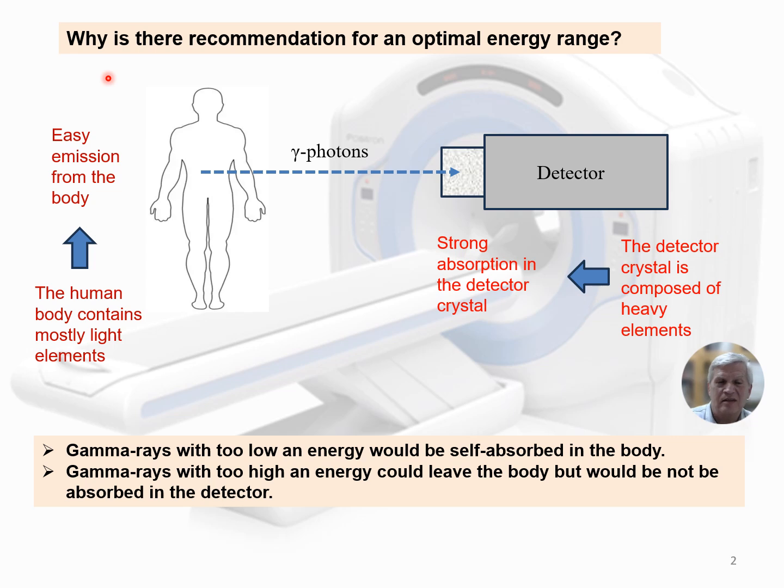The consequence is actually this recommendation for the optimal energy range, and I would like to explain why we have it. As I said, if we have low energy gamma rays, then they are easily absorbed in a body. Since the human body contains mostly light elements, any gamma ray can easily leave the human body, and the gamma radiation, which comes from any part of our body, would reach the detector.